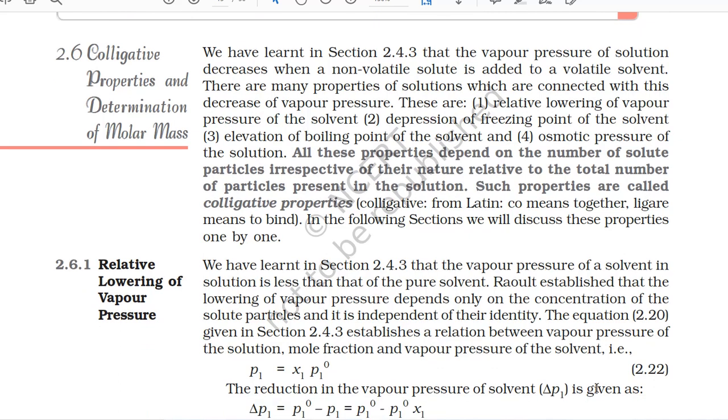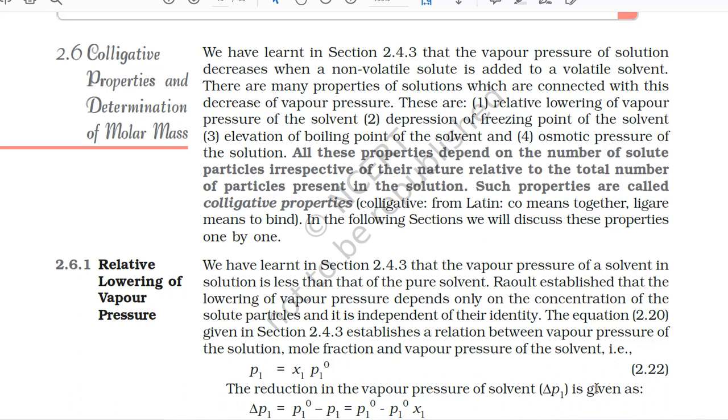(2.6) Colligative properties and determination of molar mass. We have learnt in section 2.4.3 that the vapor pressure of solution decreases when a non-volatile solute is added to a volatile solvent. There are many properties of solutions which are connected with this decrease of vapor pressure. These are: first, relative lowering of vapor pressure of the solvent. Second, depression of freezing point of the solvent.